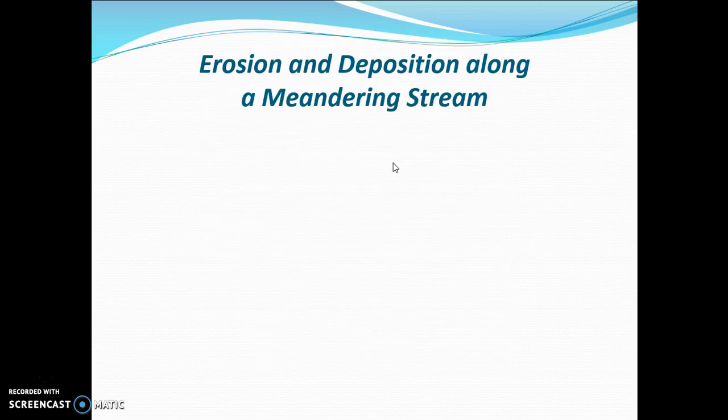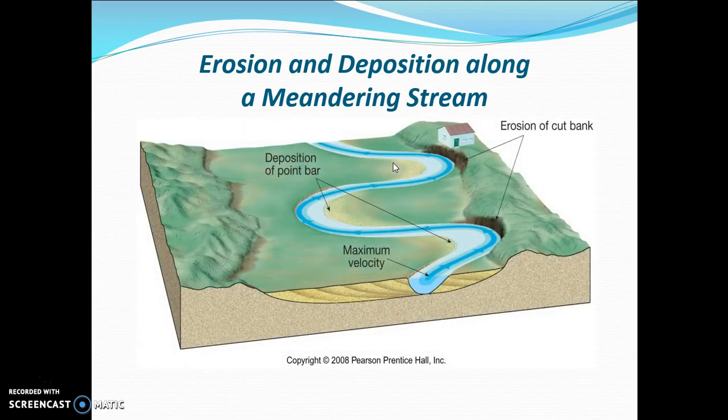Okay, so let's take a closer look at a meandering river. Here we have a meandering river going around this way, and basically here we see the two main processes of erosion and deposition helping shape what is happening here.